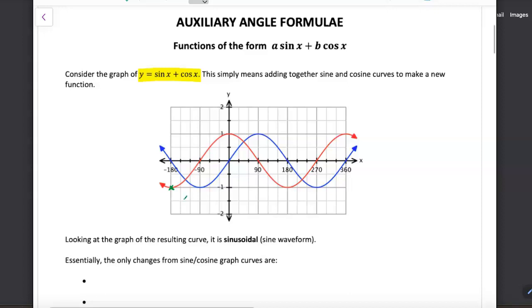And as we go through some of these main features, we can start to graph y equals sine x plus cos x. So I'll just place a few more points in so we can see exactly where it's going to go.